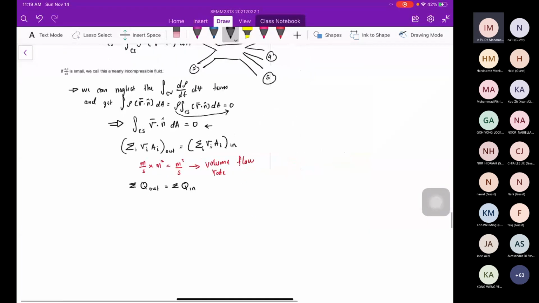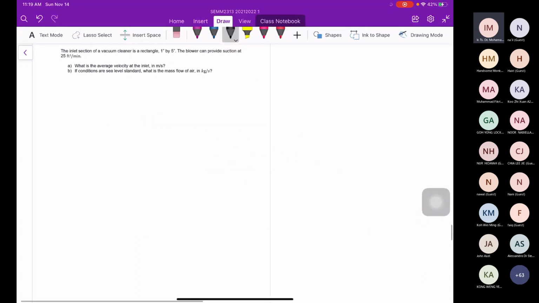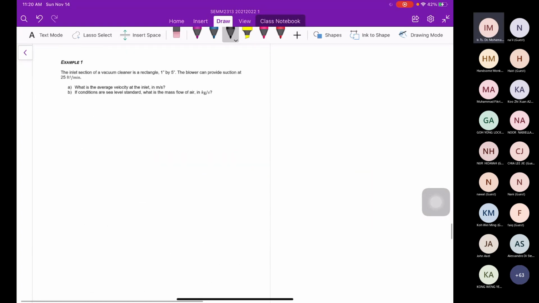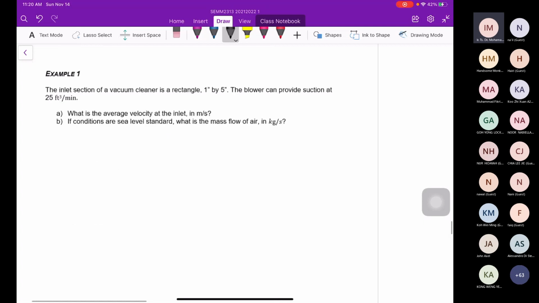We do one example, and then we're going to have an activity. Example 1. The inlet section of a vacuum cleaner is rectangular, 1 by 5 inch. The blower can provide suction at 25 feet cubed per minute. Let's draw the vacuum.